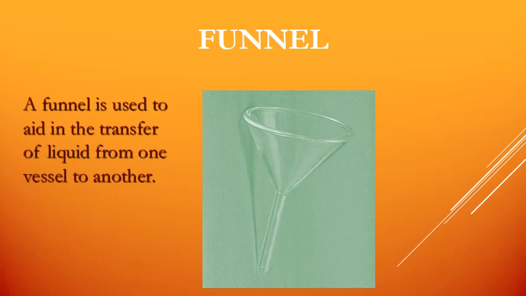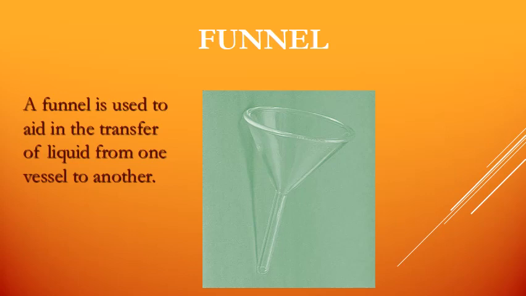A funnel. A funnel is used to help in the transfer of liquid from one vessel to another. So it's used to filter and also transfer liquids from one container to another. When you need to separate a solid from a liquid, you carry out a process called filtration, and for filtration you use a funnel.